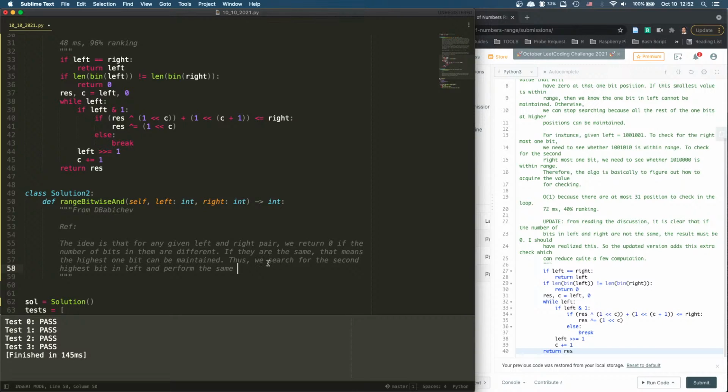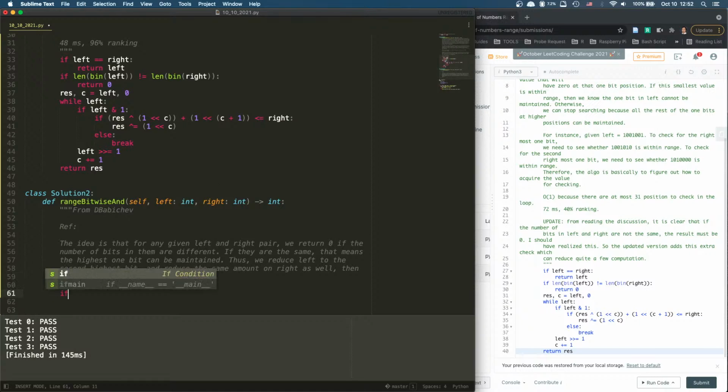We reduce left to the second highest bit, and reduce the same amount on right as well, and then recurse.